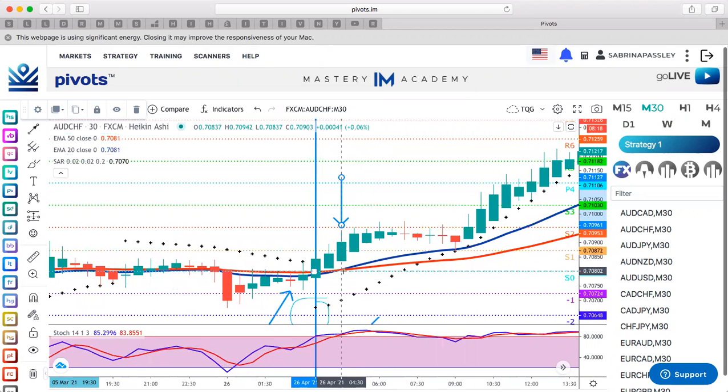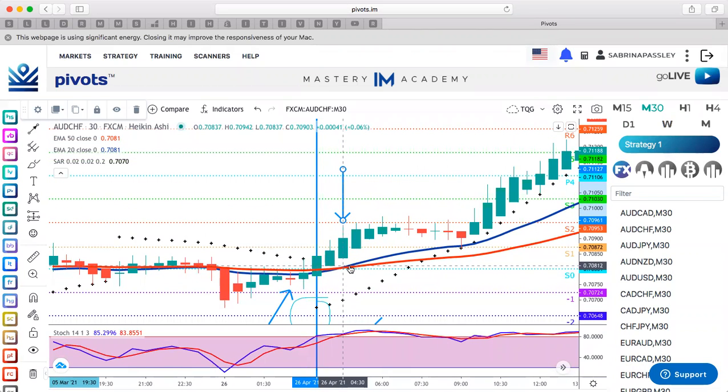Like it just happened as the cross. So if you're lucky to catch this trade this early, then you're good. But if you didn't catch it this early, obviously you can still identify it and make sure everything is still lining up. The parabolic SAR, the blue line is above the red. Still see it, which is not going to change anyway. Your Doji's there. You can then enter into this trade.